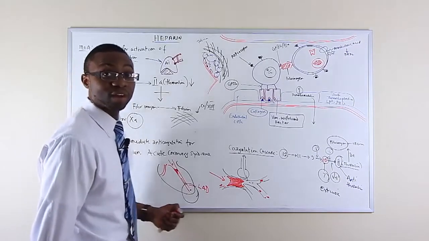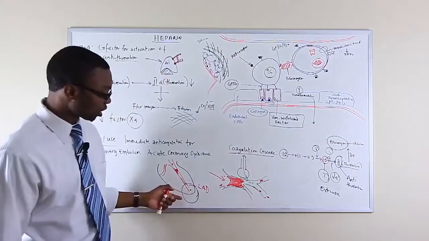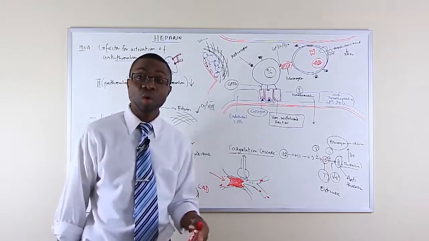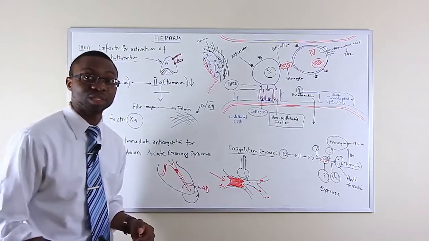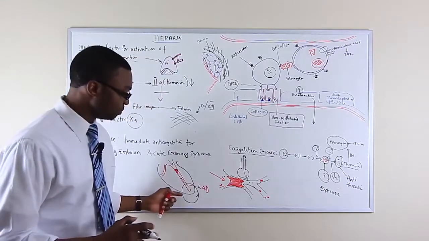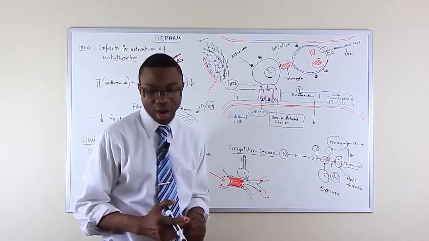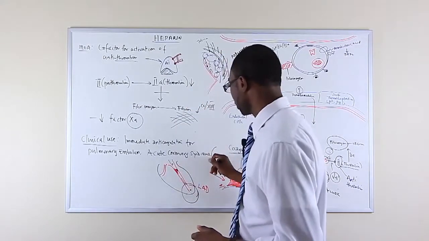So if a patient develops ST elevation myocardial infarction, you want to start them on heparin. Or if they're having a non-STEMI, which is non-ST elevation myocardial infarction, you want to immediately give this patient an anticoagulant. So this is acute coronary syndrome.